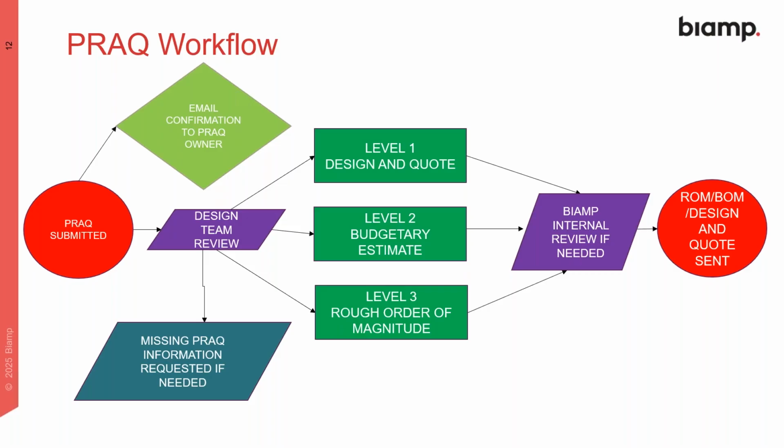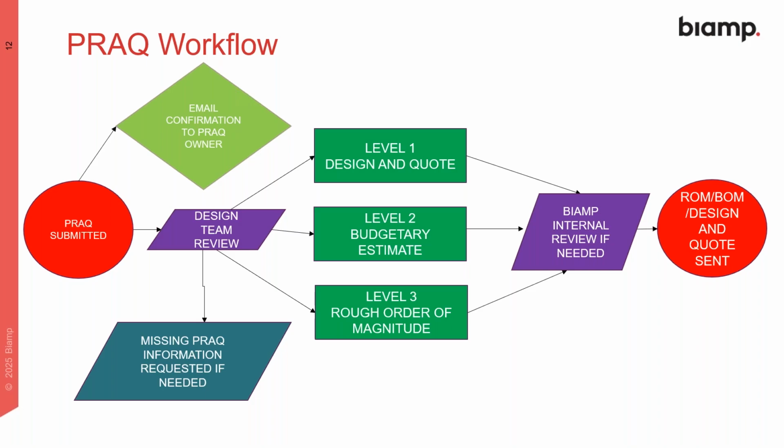But that's why we like to put our quoting system and our estimates into different categories. We call them levels. My team always strives for a level 1 design and quote. A level 2 is needed if you're saying, hey, we want to get a quick number because we don't know the coverage yet.